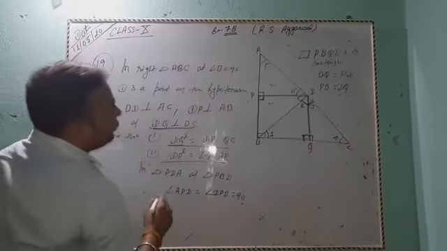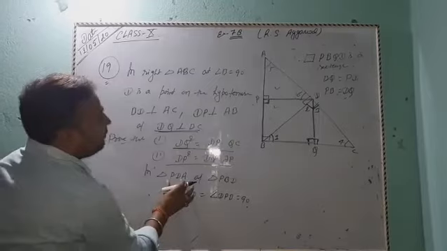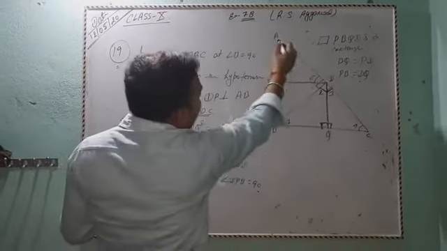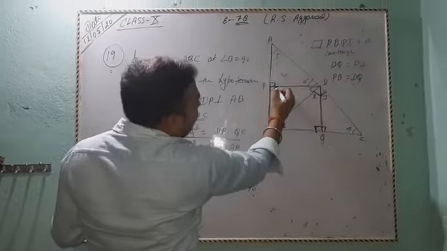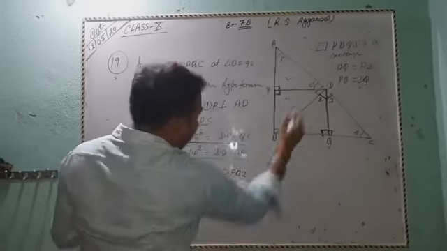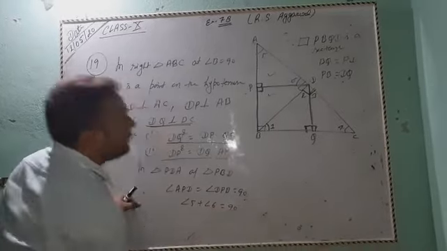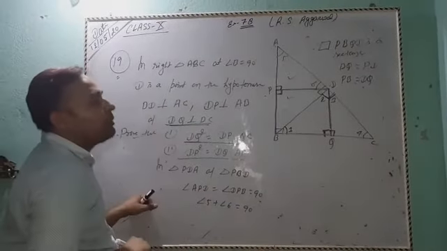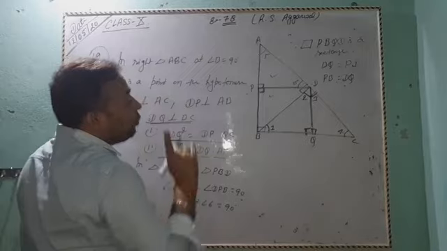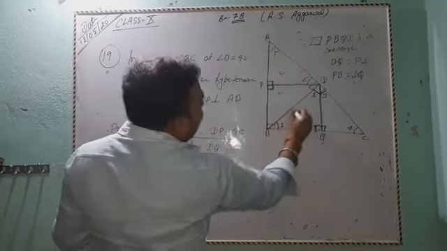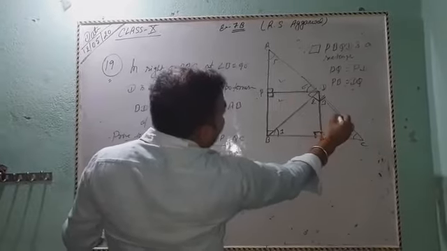Okay, so in triangle PDA, angle P is 90 degrees, then angle 5 plus angle 6 equal to 90 degrees, because the sum of the angles of a triangle is 180 degrees. And BD is perpendicular to AC.